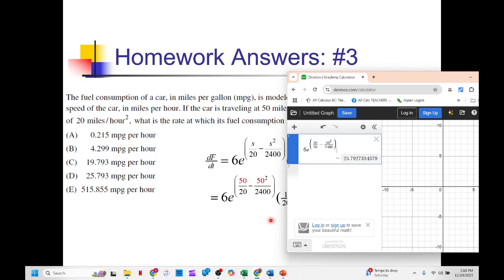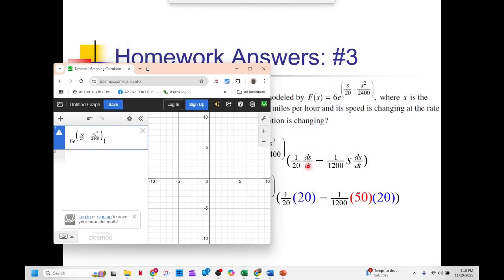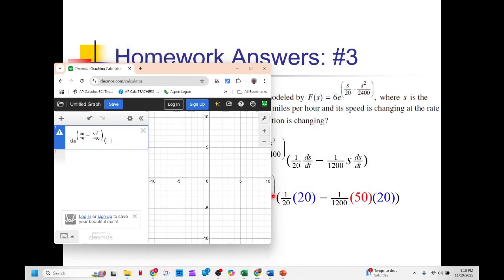Let's go down to the non-exponent level now and open up another parentheses. So we have 1 over 20 times 20, which I know is 1, but whatever. I'm writing things out as much as I can. And then we have 1 over 1200 times 50 times 20, and then close all that.